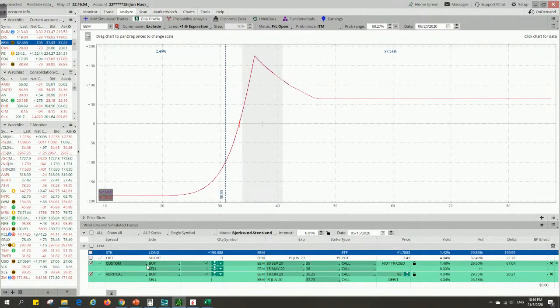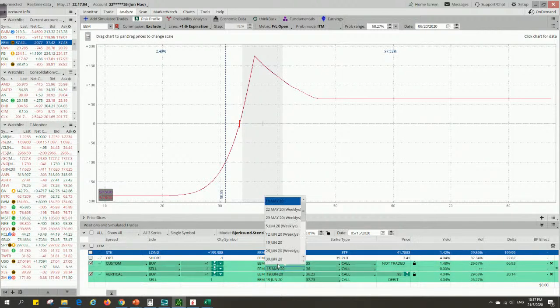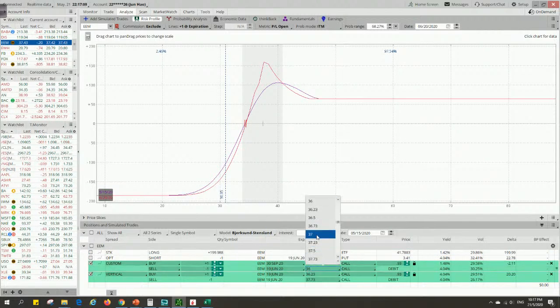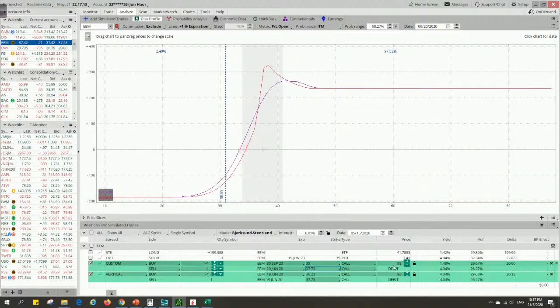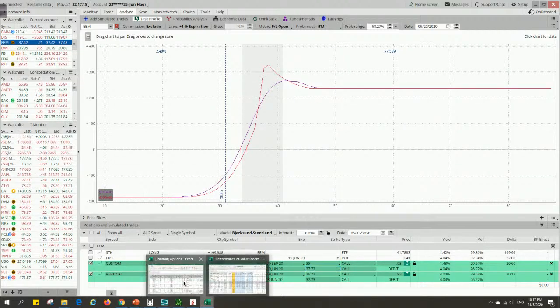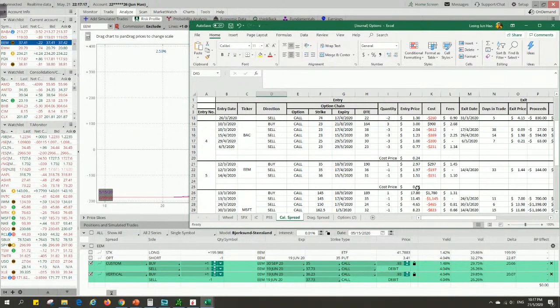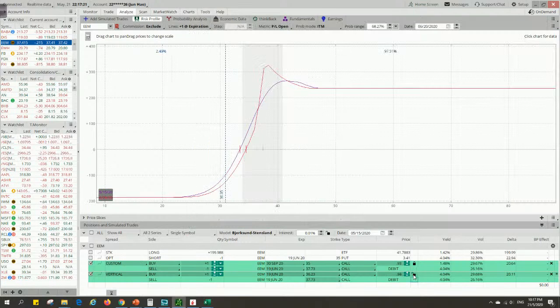Let's look at it. 93 cents. So I'll be long 35, and shorting 19 June with $37.73. And the cost of this trade will now be 93 cents added on to 93 cents, so like $1.86.